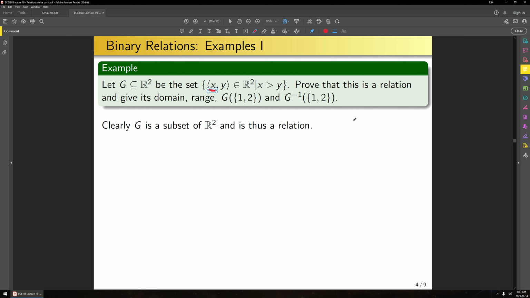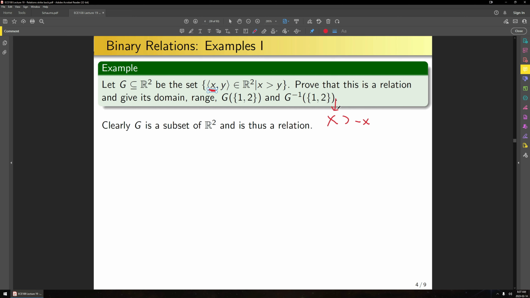Well, if I pick y to be, say, minus x, this inequality is always true, right? And because this is true for any real number, I can plug any real number into here. So that tells me not just the domain, but also the range in this example. This tells me that the domain and range is all real numbers, because x can be anything.